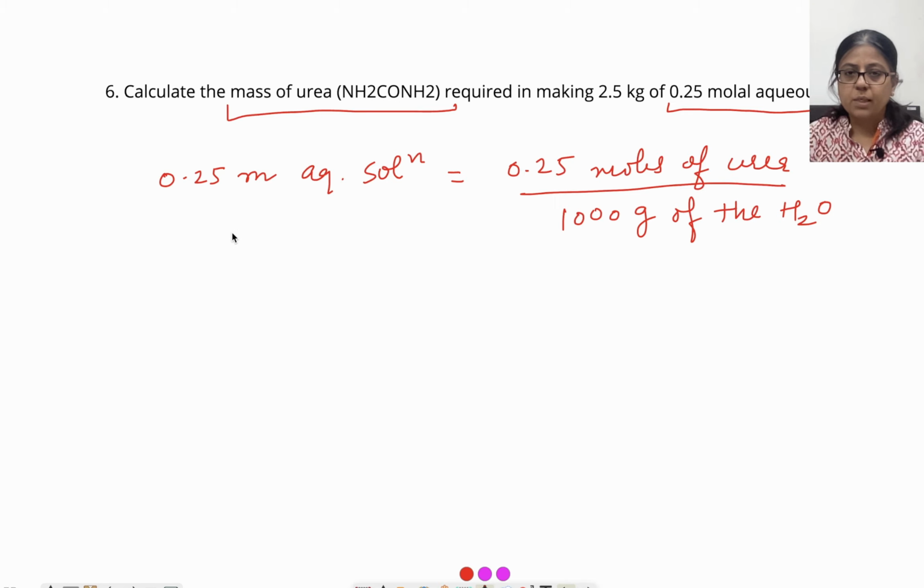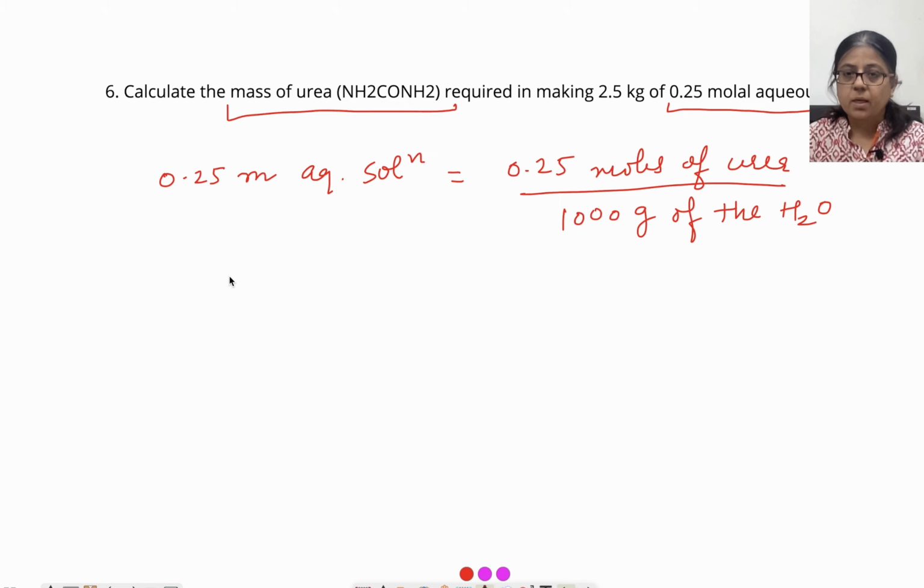Now, to calculate the value of 0.25 moles of urea, by using this value we can calculate the mass of urea which is dissolved here to make 0.25 molar aqueous solution. Can we calculate it? Yes, of course.